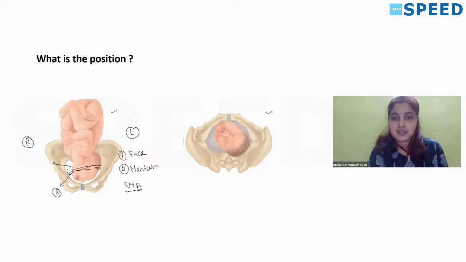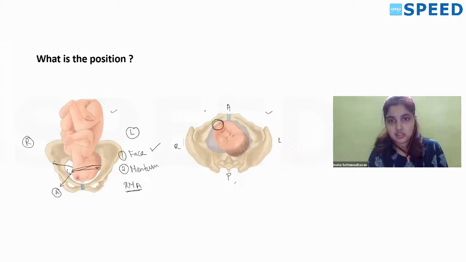All right. If the same baby, if you're examining as per vaginal examination, first let's orient ourselves. This will be the anterior part of mother's pelvis, posterior, right side, left side. So first mark these. Okay. Now this is face presentation, and what you're looking at is the mentum.